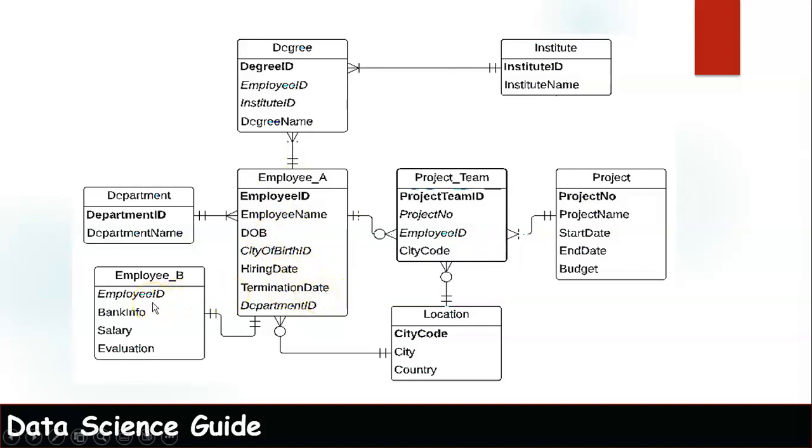However, in employee B we added bank info, salary, and evaluation. And the connection or the link between these two tables is by the employee ID, which is a primary key in employee A and a foreign key in employee B. And as you see, all foreign keys are in italic and primary keys are bold.